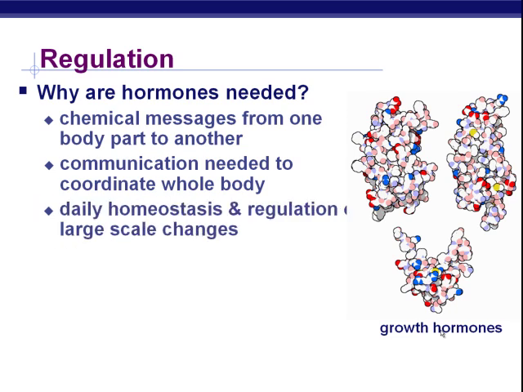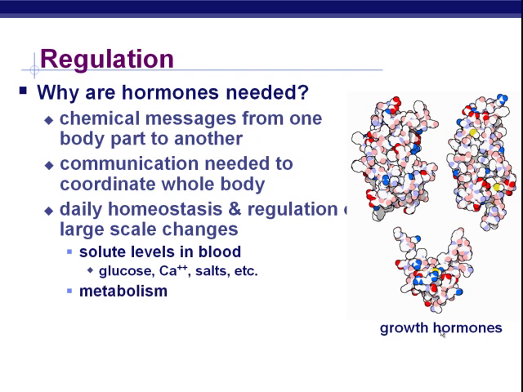For example, homeostatic control, things like keeping your glucose level appropriate in your bloodstream, your calcium levels, and other things. If your glucose level is not maintained, you may have a disease that you might know of as diabetes. So keeping these kinds of levels in your body are things that are controlled by hormones in your endocrine system.